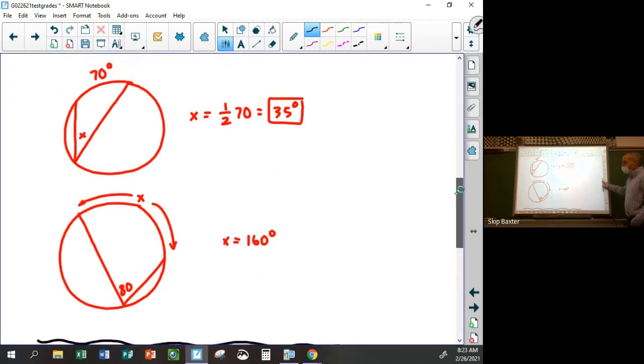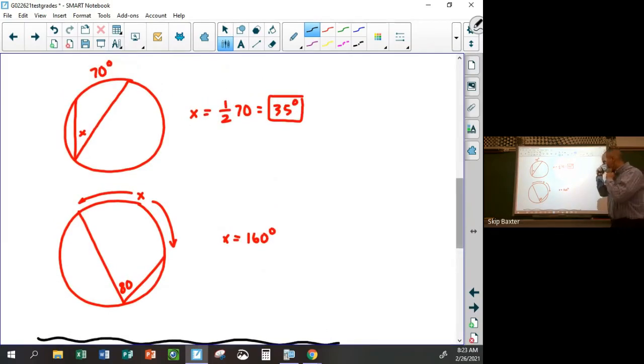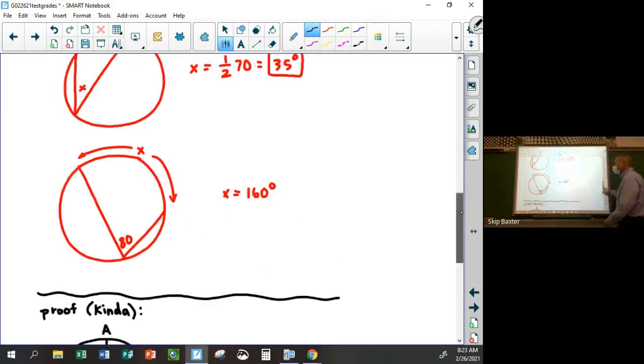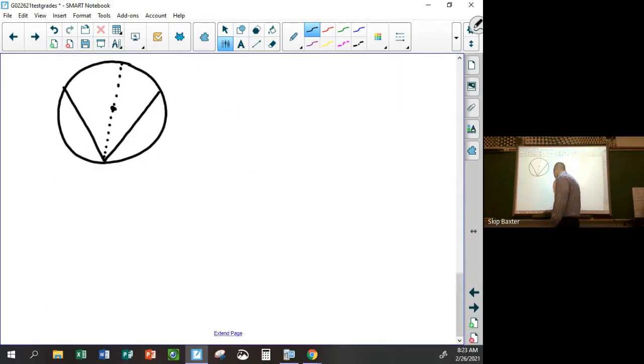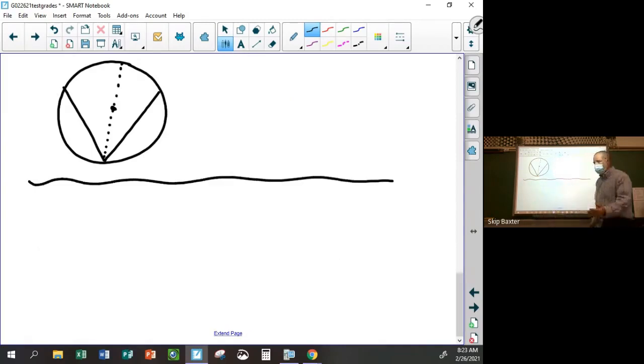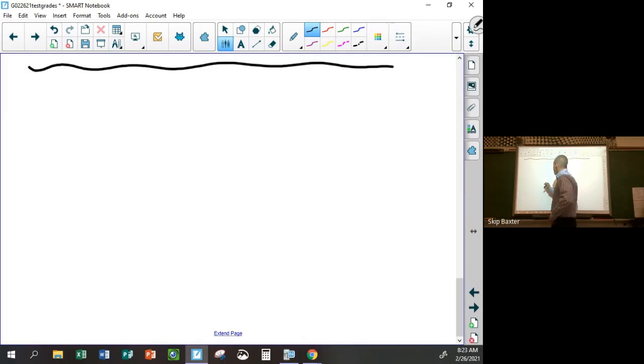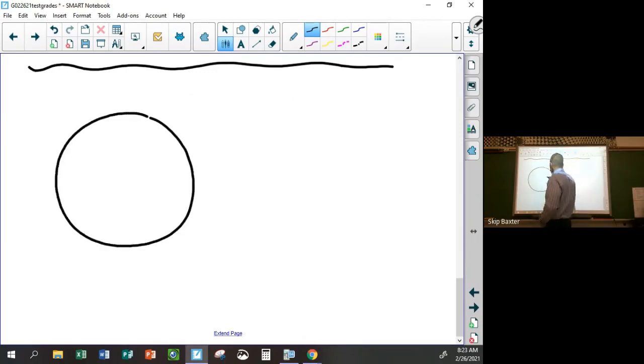So the types of problems that you're going to encounter are problems where they either give you the arc and ask you to find the inscribed angle, or they give you the angle and ask you to find the arc. Okay? Now there are variations on that too. For example, they might give you a problem that combines inscribed angles and central angles.